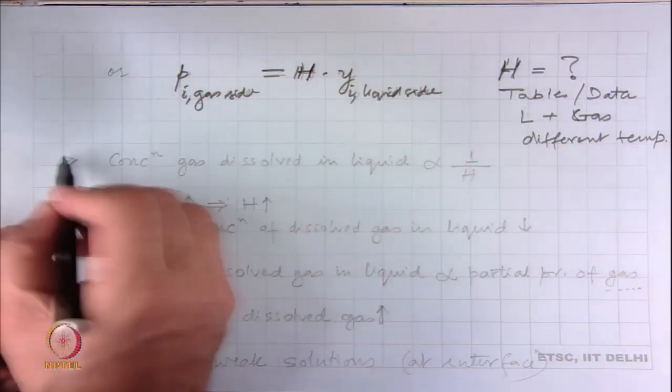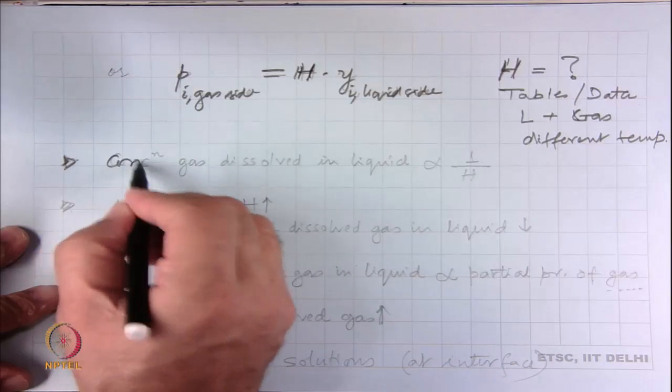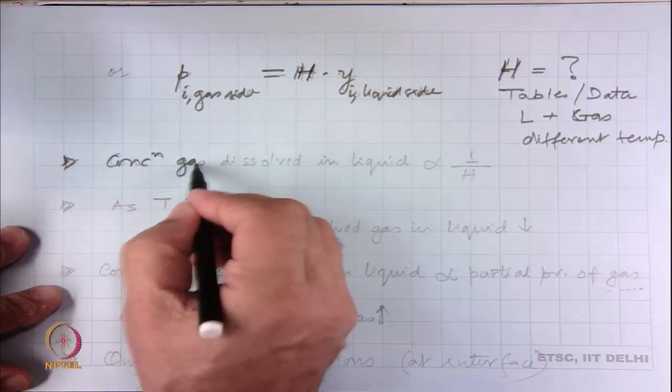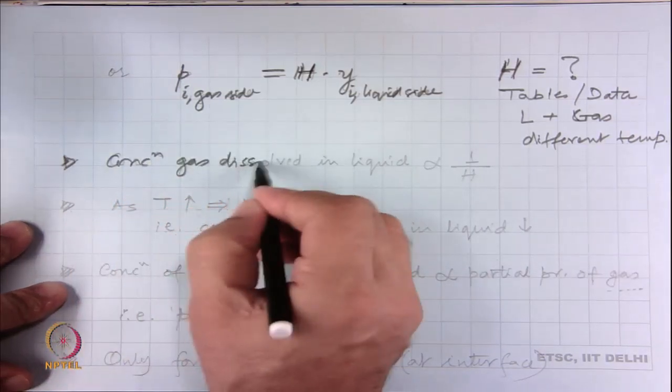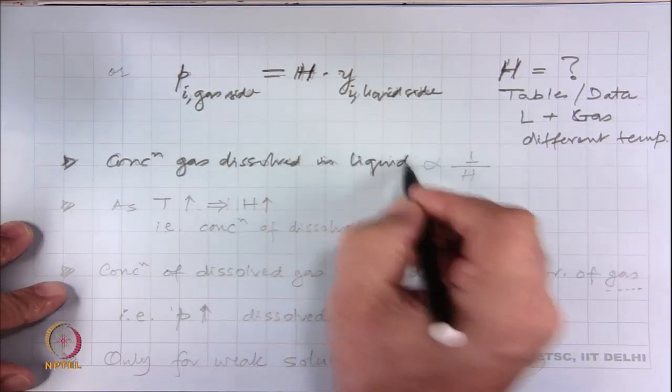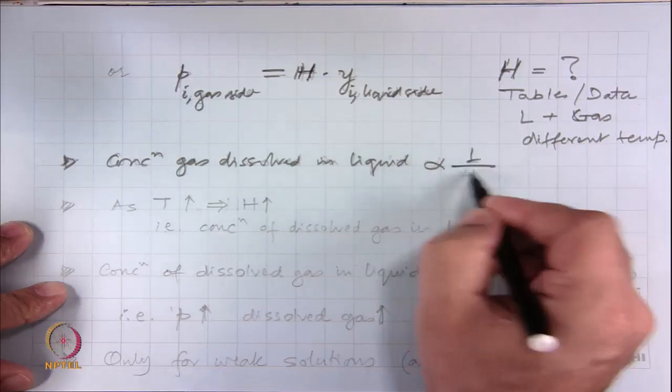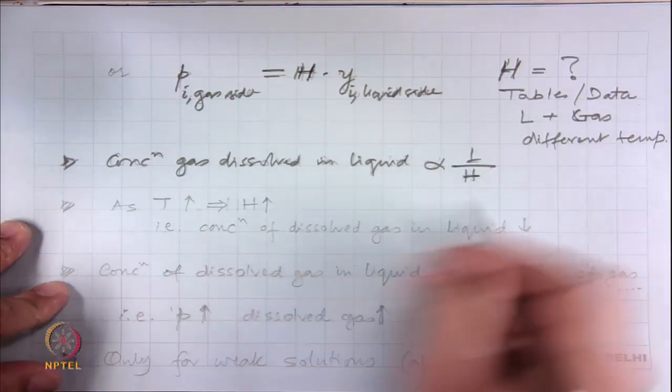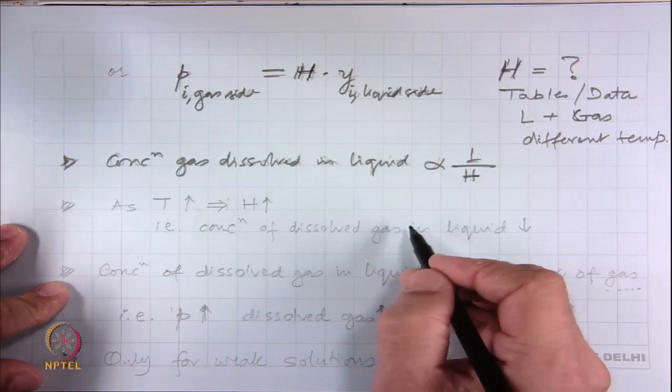So, what this expression tells us is that the concentration of gas dissolved in the liquid is proportional to 1 upon H. The larger the value of H, the less is the concentration of the gas dissolved.